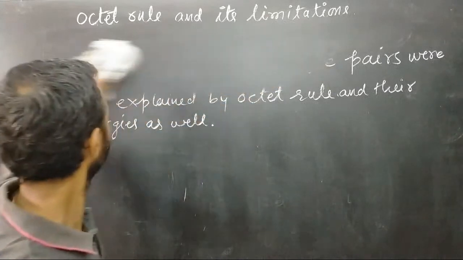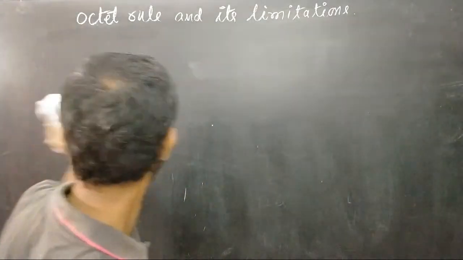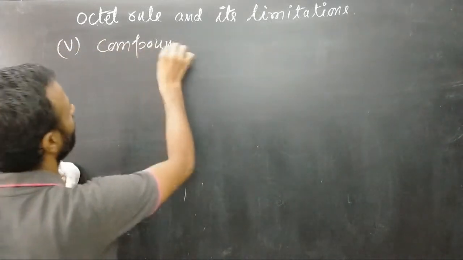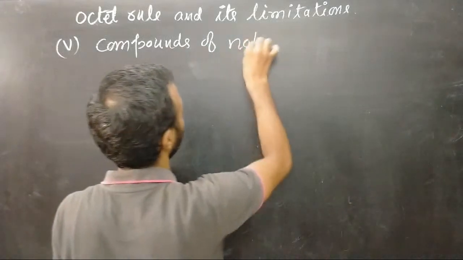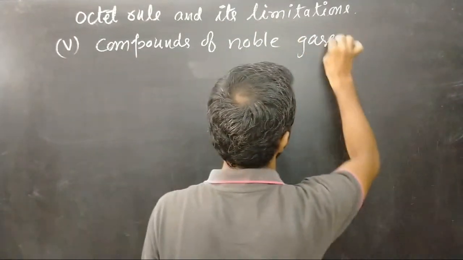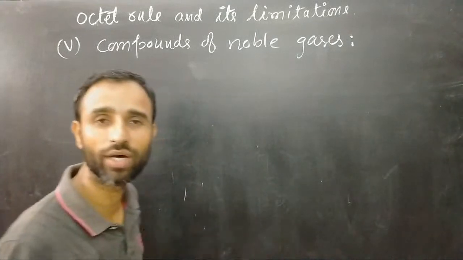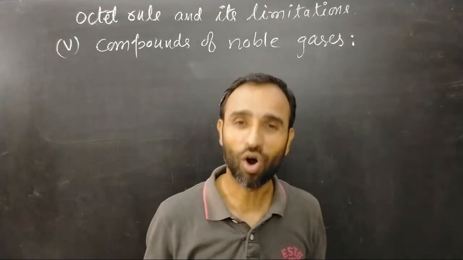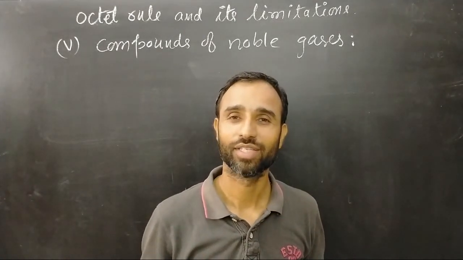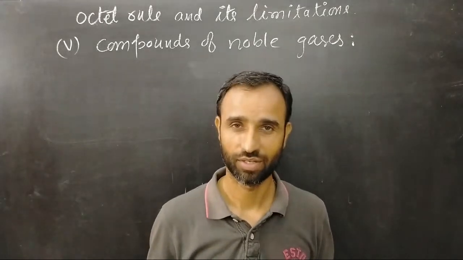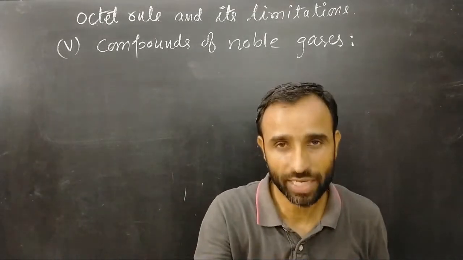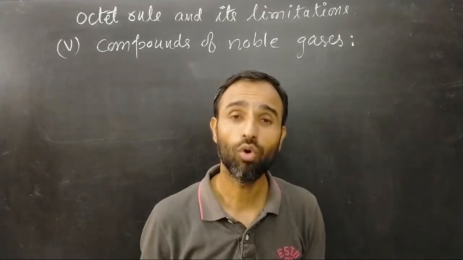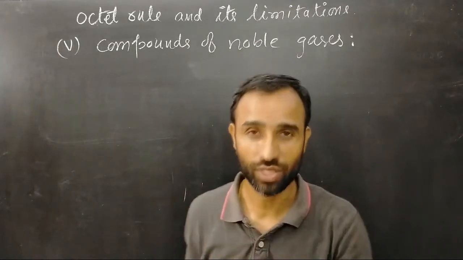Fifth one, compounds of noble gases. This is the big jerk to the octet rule. Why is it so? Because the octet rule is based on the stability of noble gases, that atoms can combine by sharing of electrons or by transfer of electrons to have noble gas configuration.